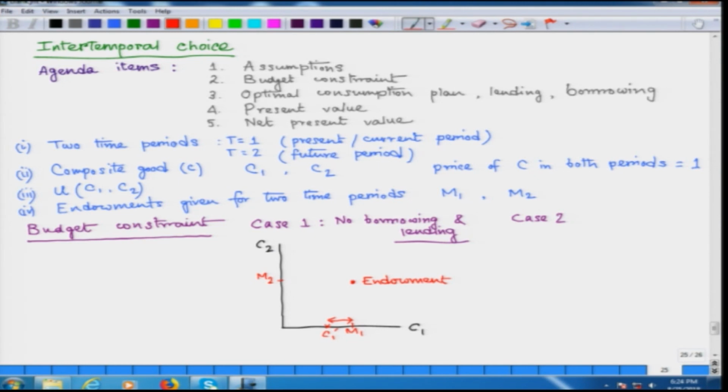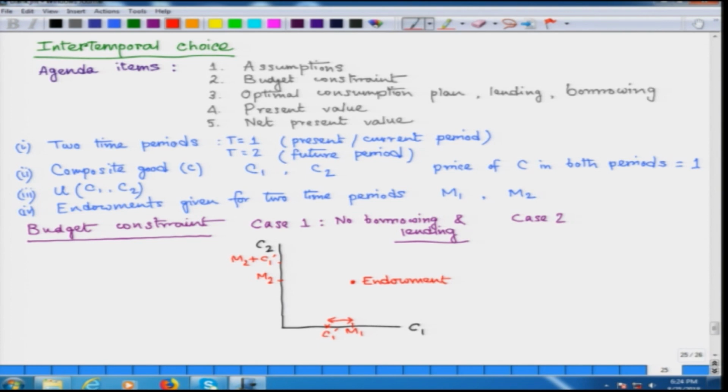So, the intercept along the vertical axis is now going to rise, and we are going to have M2 plus C1 prime as the intercept. This will be the maximum that the consumer is going to consume in the future, or period 2, because he or she has saved some amount in period 1.